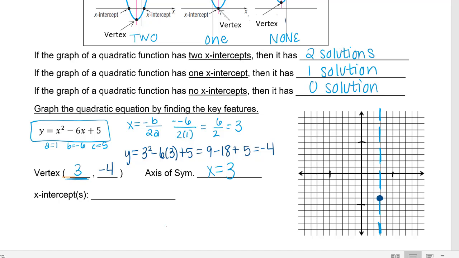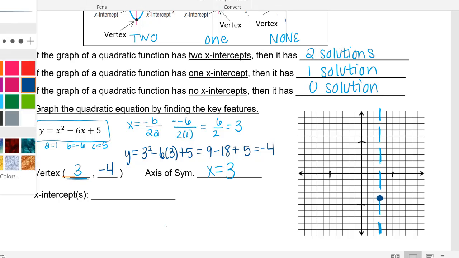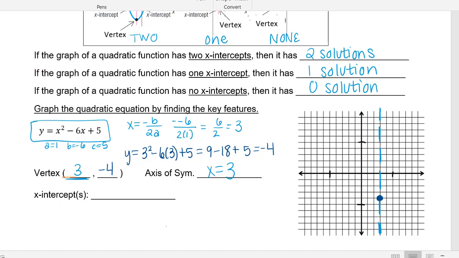Awesome. Now we want to find our x-intercepts. Our x-intercepts are our solutions to this quadratic function, which means it will be x comma y. Our y is 0. X comma our y of 0. So looking back into our function, we're going to replace y with our 0 and then solve.